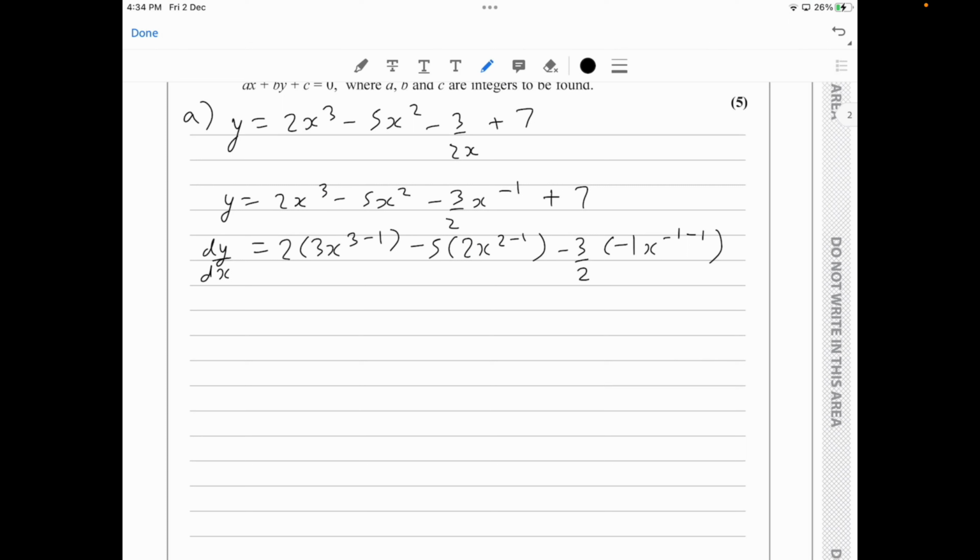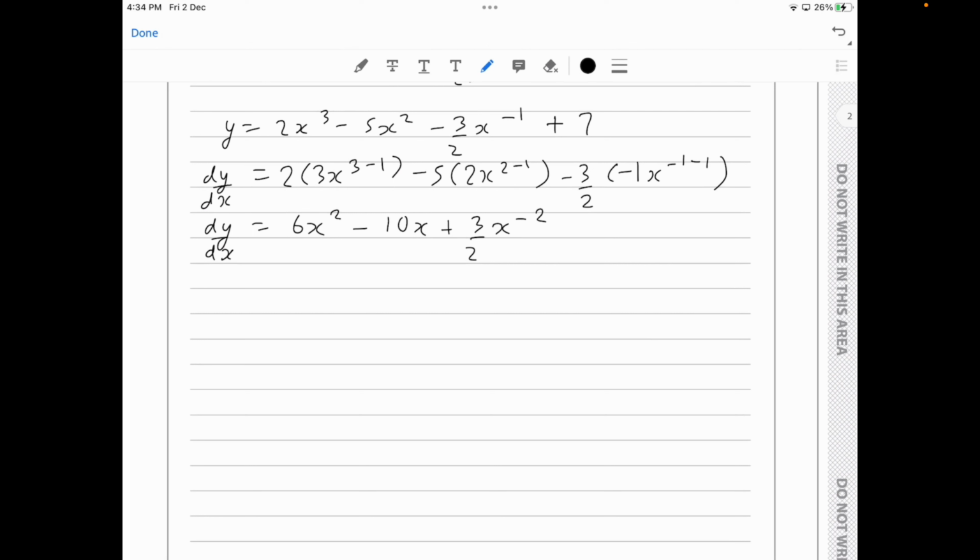Now we have to simplify this, so dy over dx is going to be equivalent to 2 times 3, which is 6x raised to the power of 2, minus 10x raised to the power of 1. Then negative 3 by 2 times negative 1 is going to become a positive 3 by 2, x raised to the power negative 1 minus 1, which is x raised to the power negative 2.